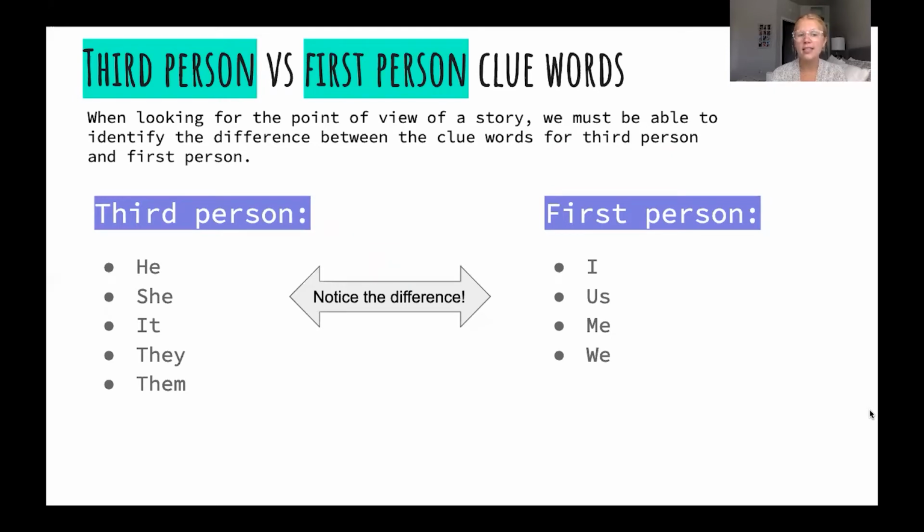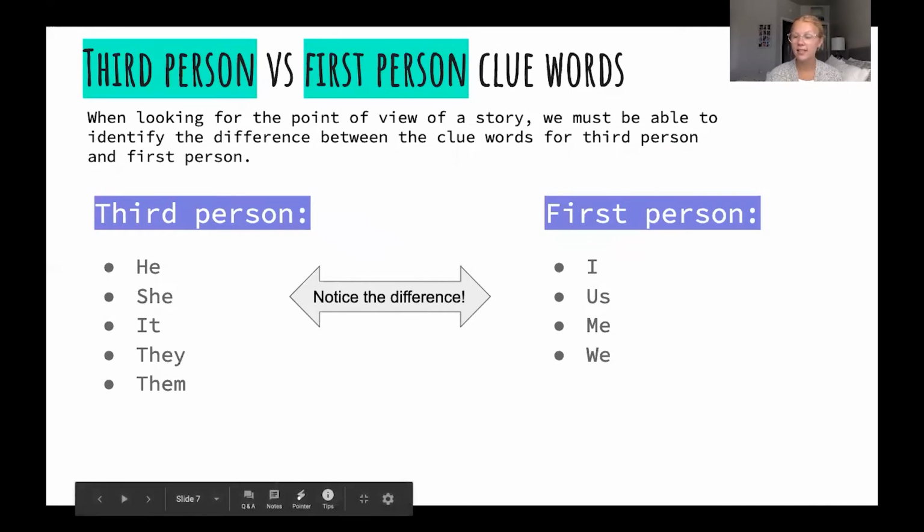I want you guys to take a look and notice the difference between these words. Being able to notice the difference between these words will help us as readers identify a first person and a third person text when we are reading it. Take a moment to look over these words real quick. We will move on to our next slide.